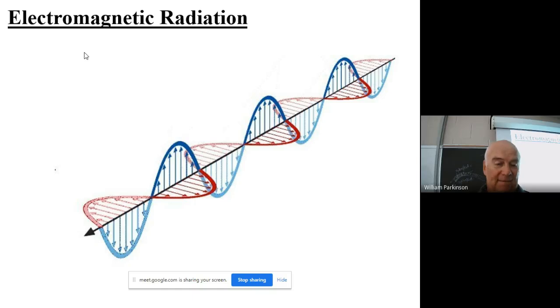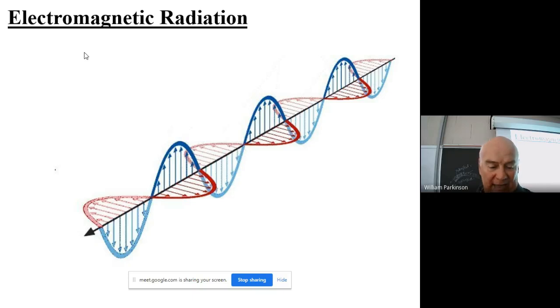The up and down arrows are my electric field generated by the moving magnetic fields. The right and left arrows that I'm trying to show for this propagation are the generated magnetic fields by the moving electric fields.